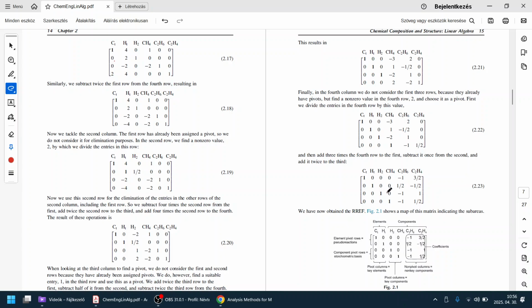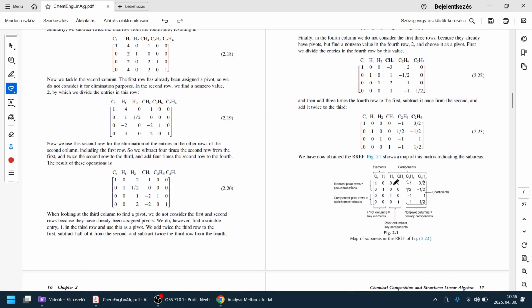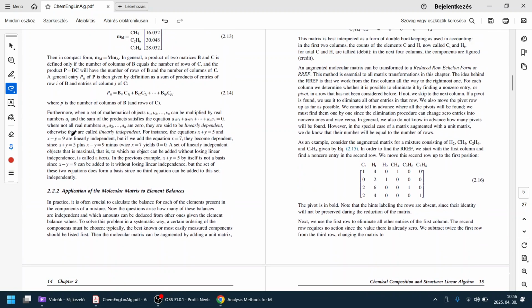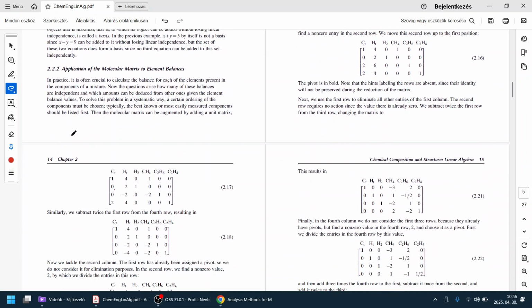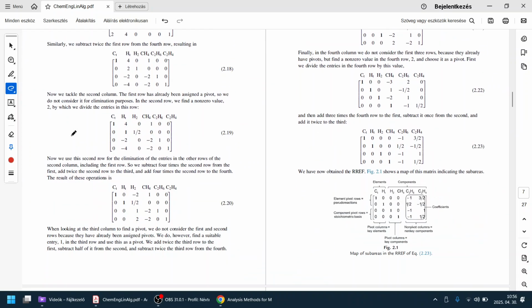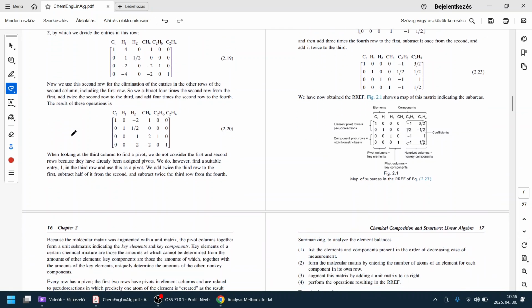So I got this. This is an identity matrix, and I will get this. Because these numbers had a meaning, hydrogen, methane, ethane, ethene, then actually we got the coefficients that are necessary for the reactions.